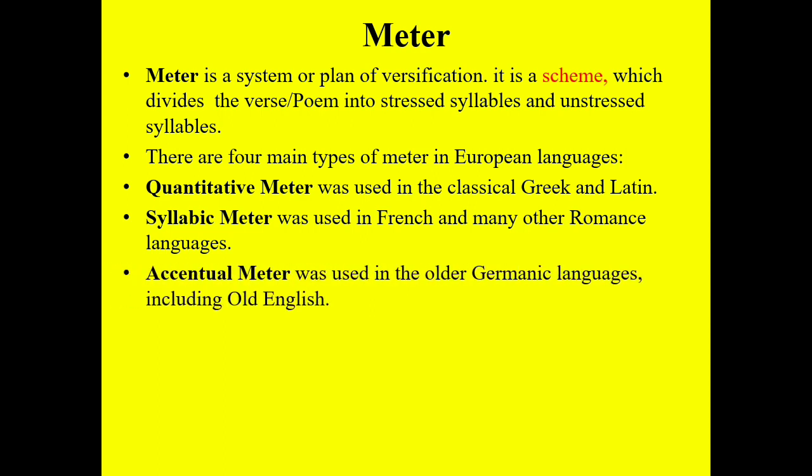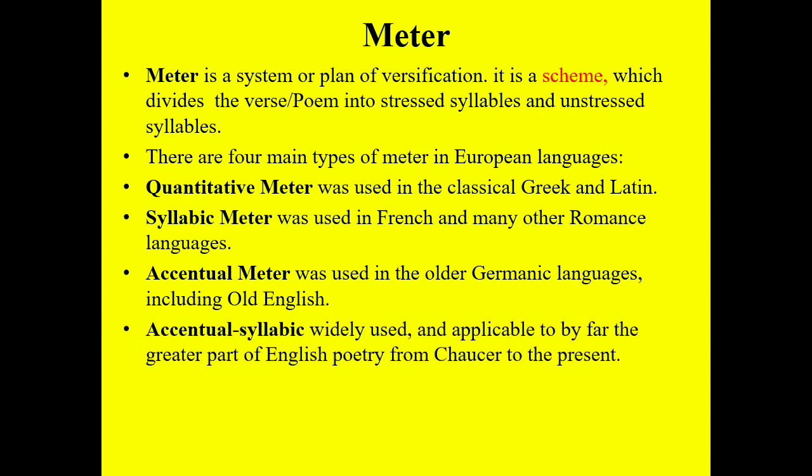Accentual meter was used in the older Germanic languages including Old English. And the last is accentual syllabic, which was widely used and applicable to by far the greater part of English poetry from Chaucer to the present.